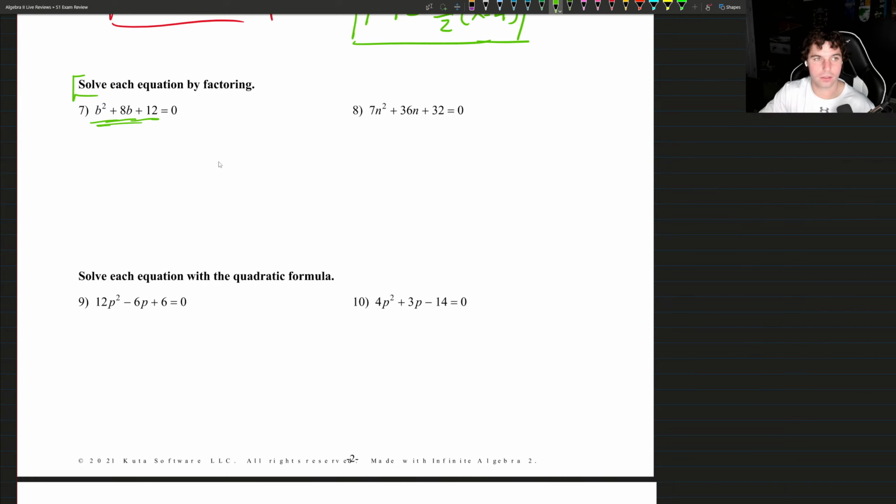For this easy one, and by easy, I mean that the leading coefficient, that thing attached to the b squared, is just 1. Okay, so whenever your leading coefficient is 1, these are really easy problems. So what you want to ask is, what are factors of 12 that add to 8?